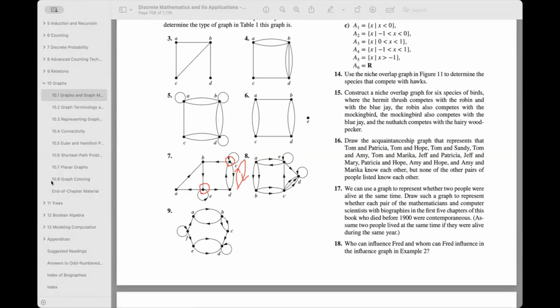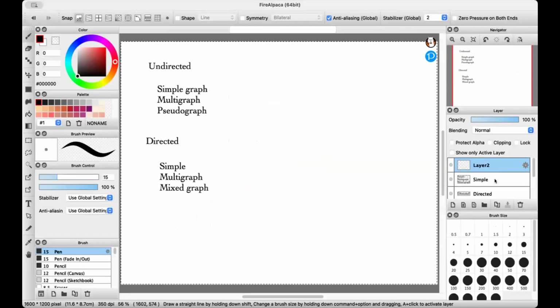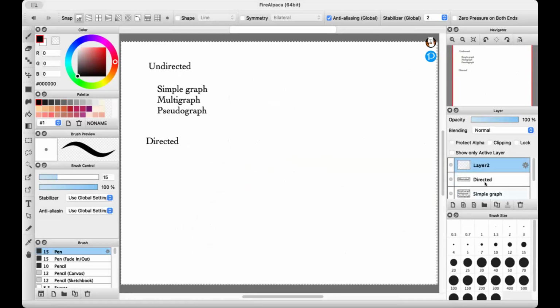All right, then I'll just move on to 10.2. So 10.2 is talking about, let's see, I'll change to this instead, right? And this one I can toss.